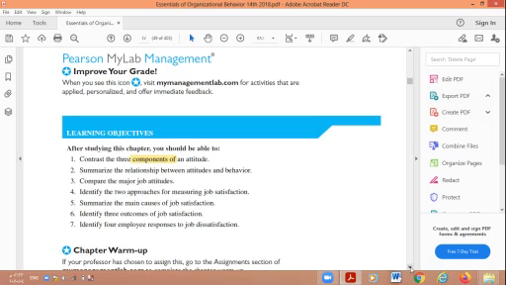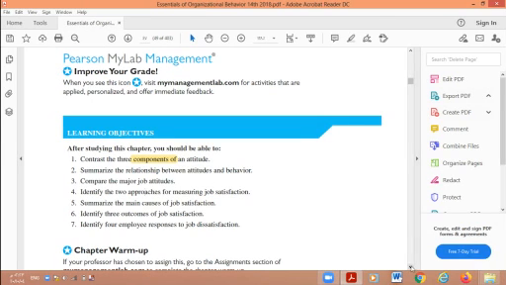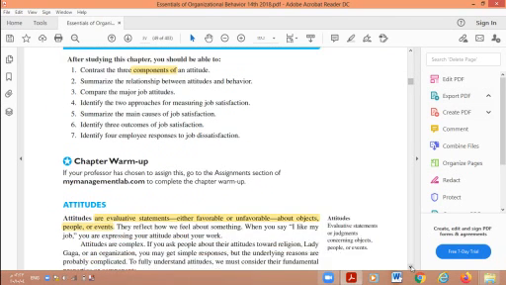After studying this chapter, students should be able to contrast the three components of attitudes, summarize the relationship between attitudes and behavior, compare the measures of job attitudes, identify the two approaches for measuring job satisfaction, summarize the main causes of job satisfaction, identify three outcomes of job satisfaction, and finally identify 4 employee responses to job satisfaction. So let's start to define attitudes.